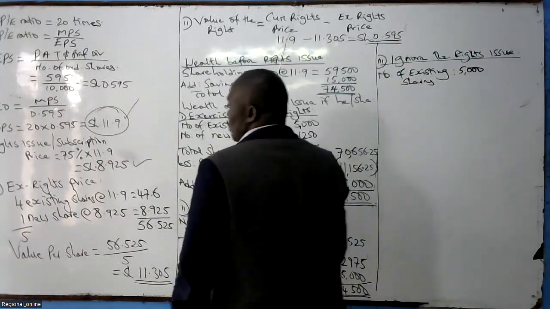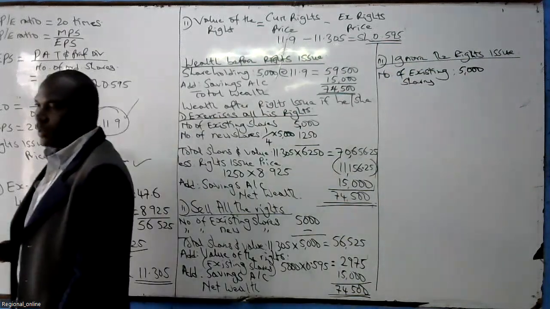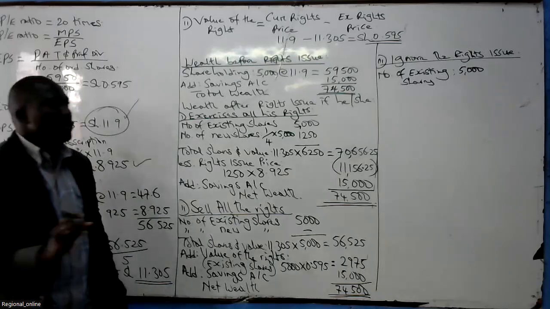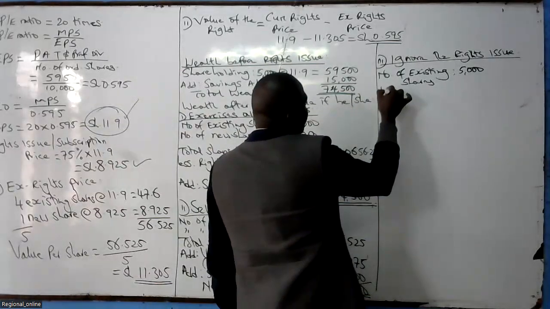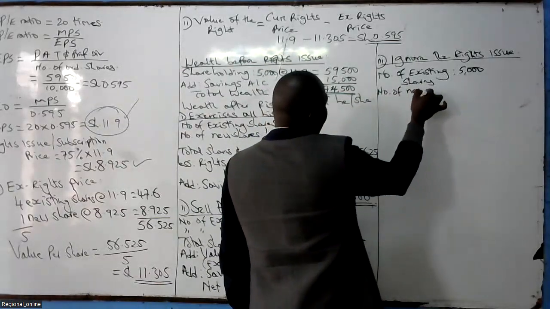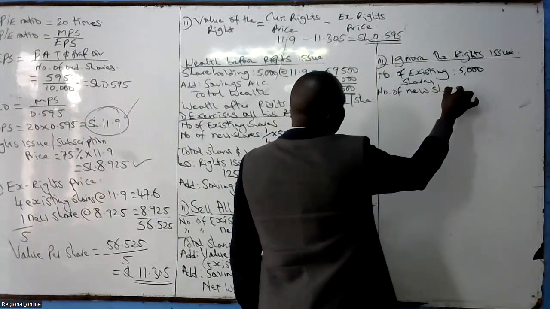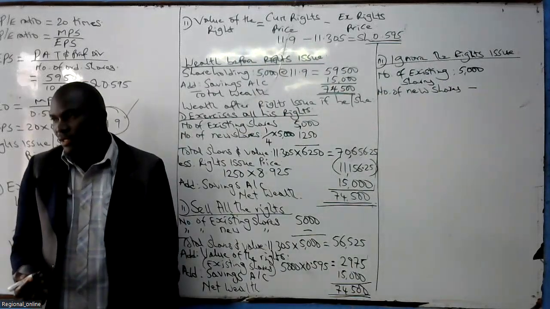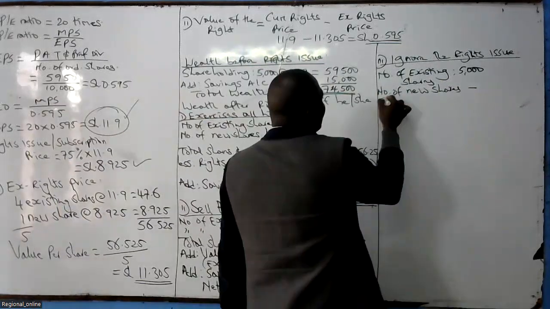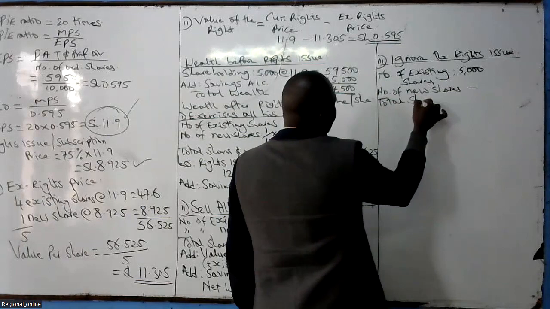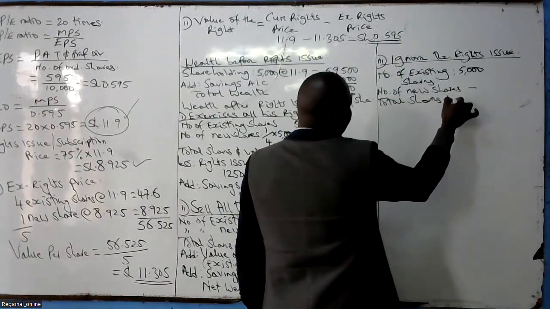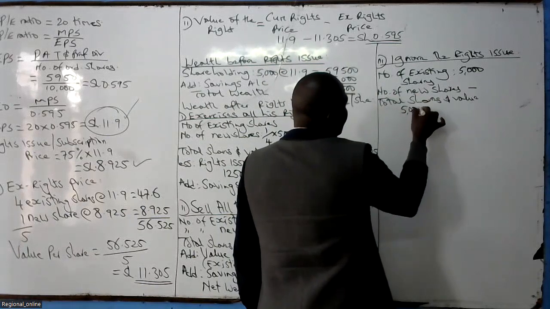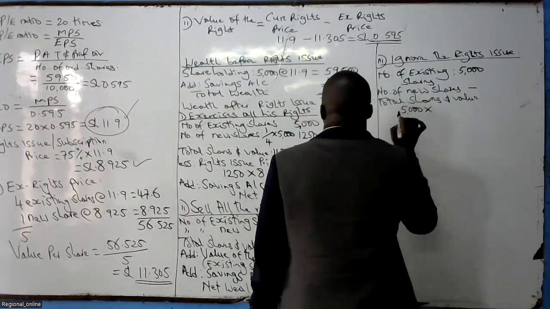The rights issue does not affect your existing shareholding. You remain with 5,000. Do you have the new shares? Will he really have them? Then ignore. So there will be no new shares. Can we have total shares and value? He will have 5,000 shares, valued at how much?